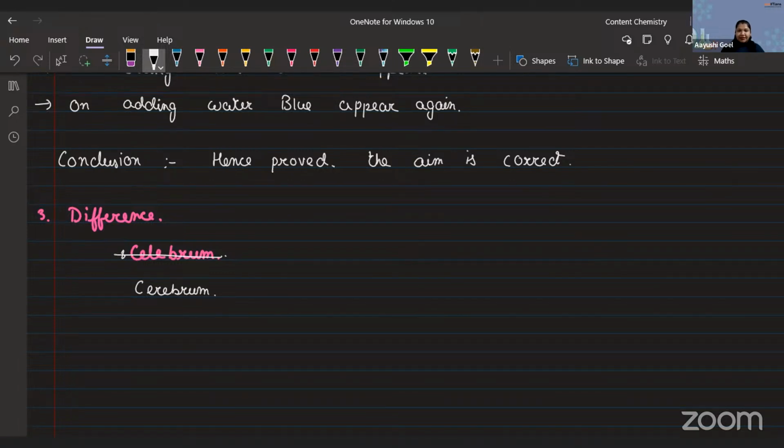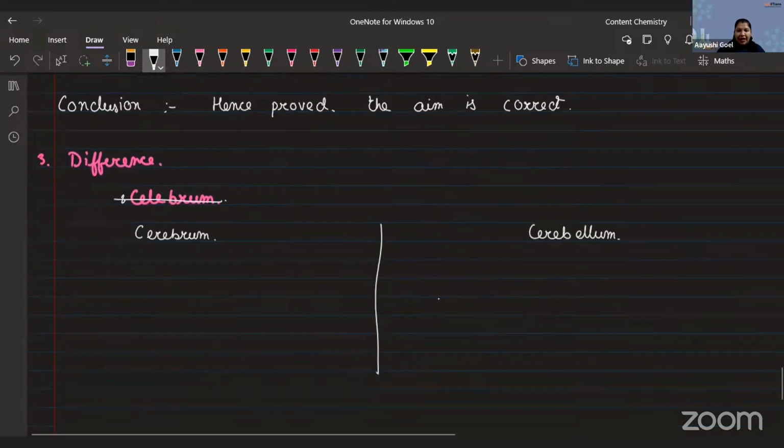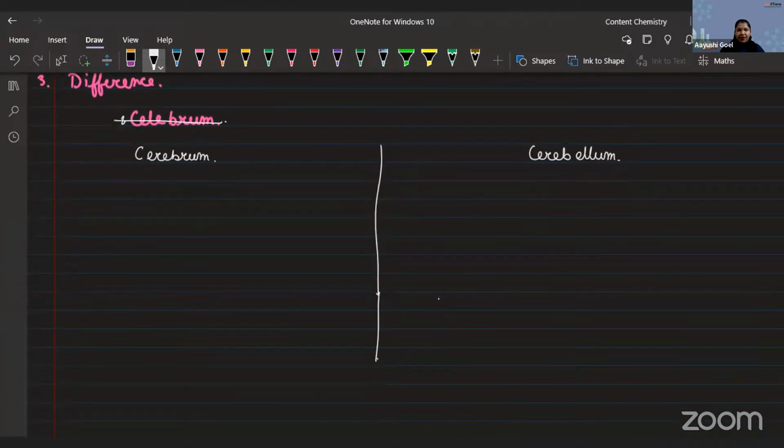And the second is your cerebellum. And put a line in between. If you have a scale, very good. If you don't have a scale, you can use your hands. Or even you can just fold your copy and just take a line from there.